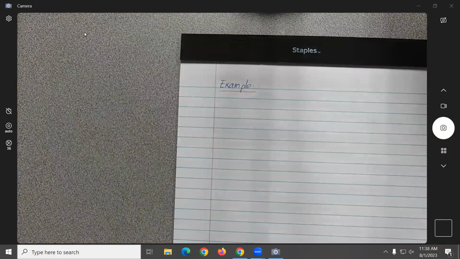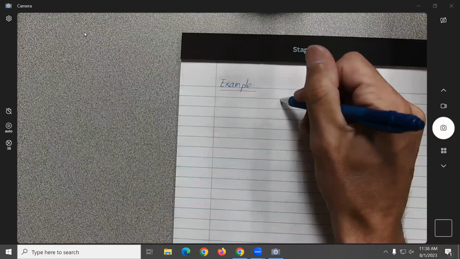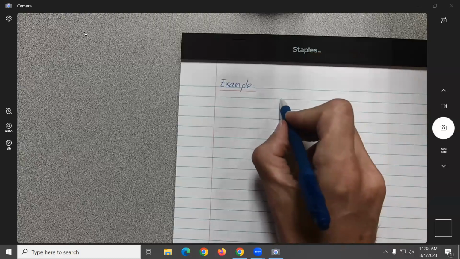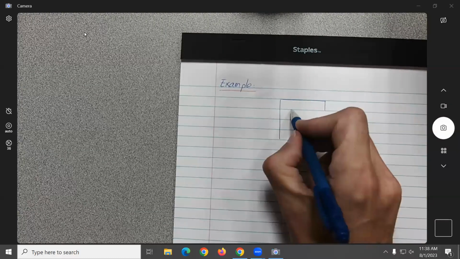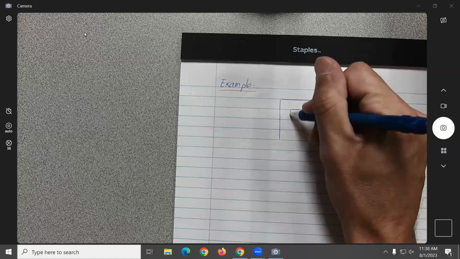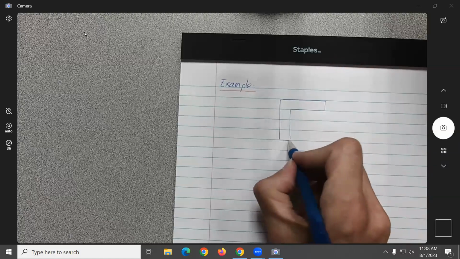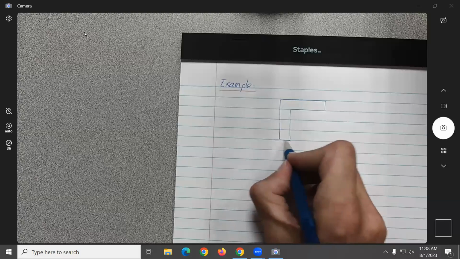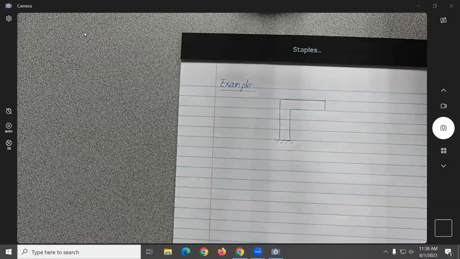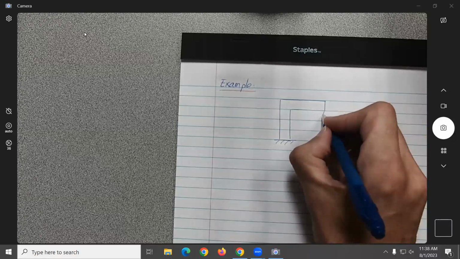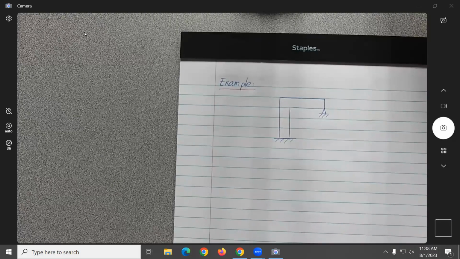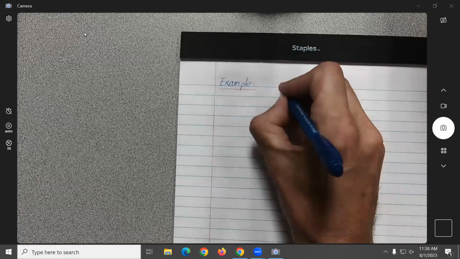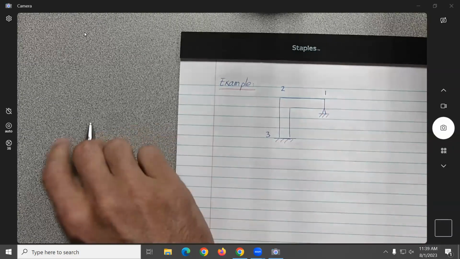So in this one, let's say we have an L beam that is clamped at this edge and simply supported at this edge. So this is points 1, 2, and 3.